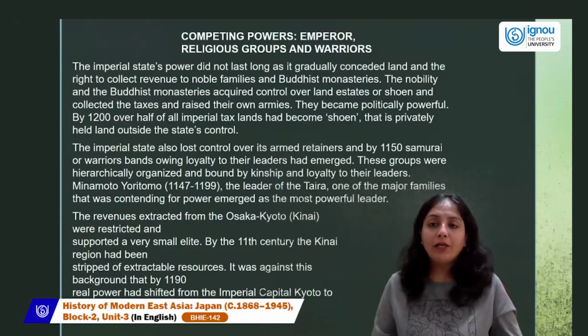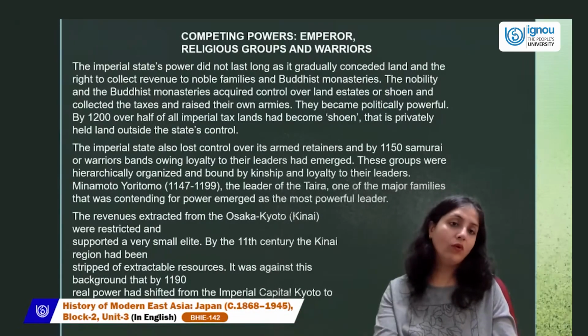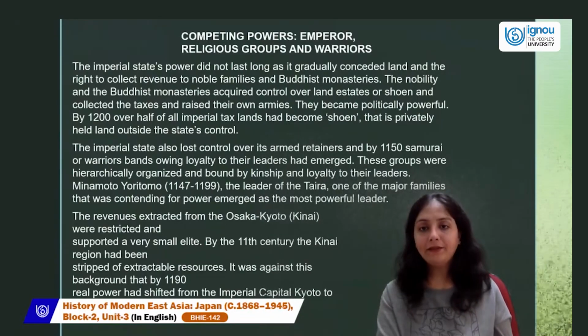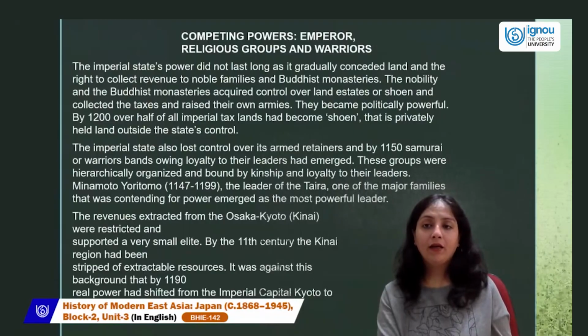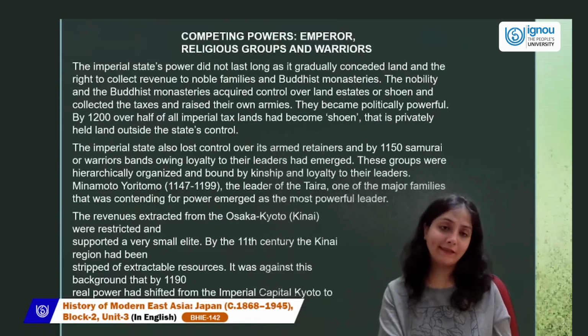They became politically powerful. By 1200, over half of all imperial tax lands had become shoen, that is, privately held land outside the state's control.